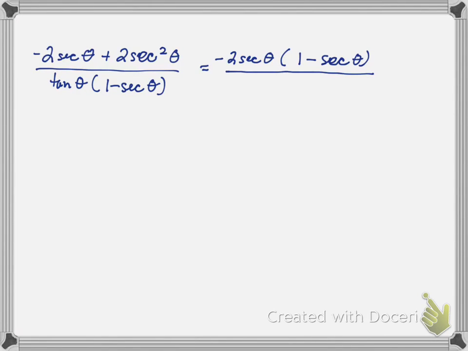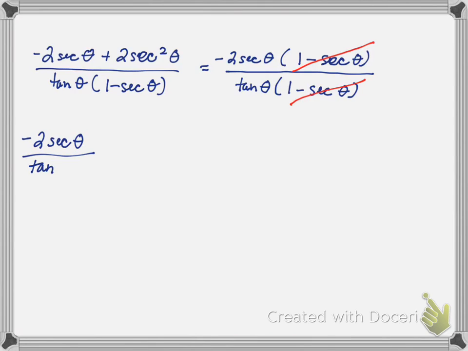The whole reason for factoring out the greatest common factor was because our denominator is tangent theta times 1 minus secant theta. If you notice, the binomials 1 minus secant theta and 1 minus secant theta are exactly the same, and I'm able to cancel them out. So at this point, I now have negative 2 secant theta over tangent theta.